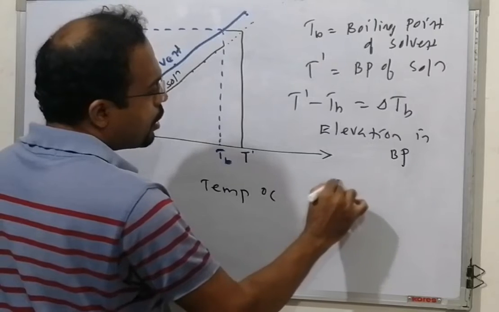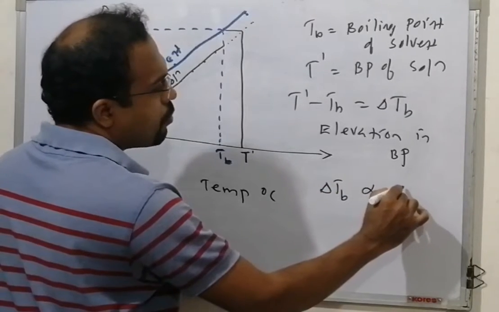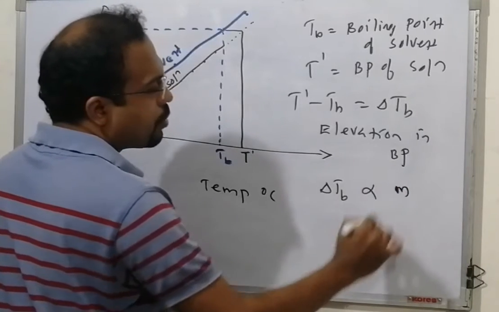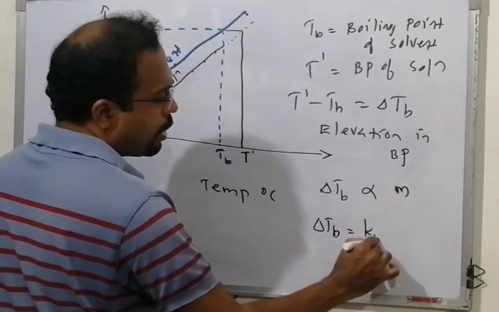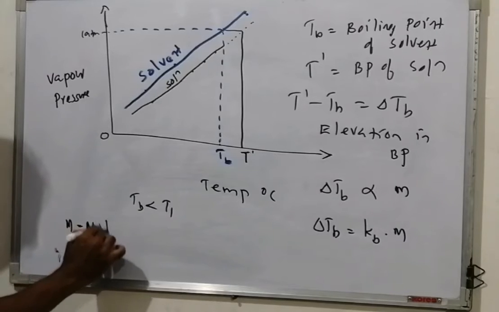This delta TB is directly proportional to mole fraction, molality, or delta TB is equal to Kb into m. What is m? m is called molality.